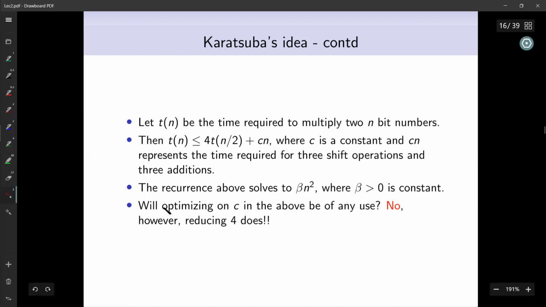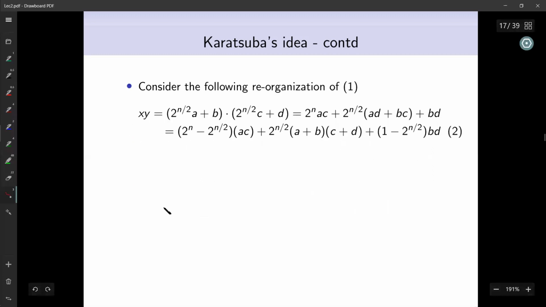So what he did was a simple reorganization. Karatsuba's idea was the following. We want xy, which we wrote as this product, using the notations for A and B. Now, expanding this is what we got.